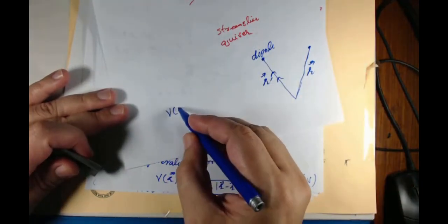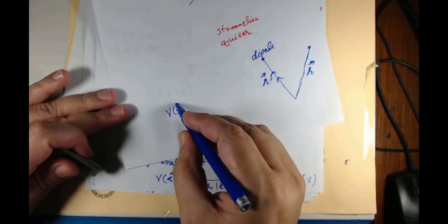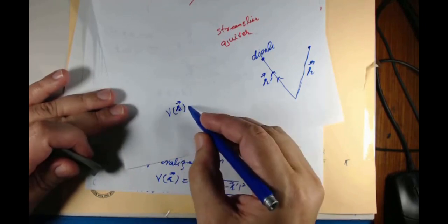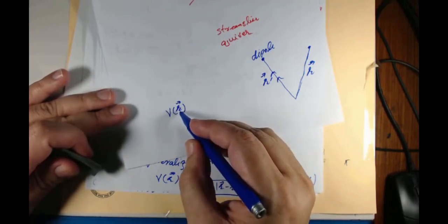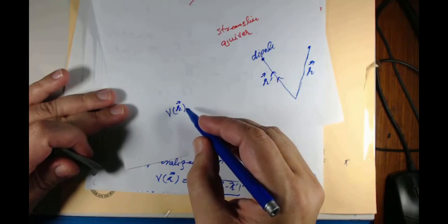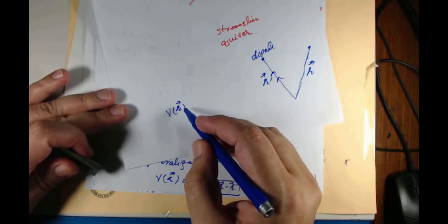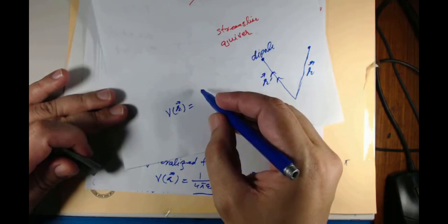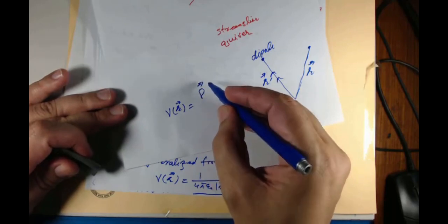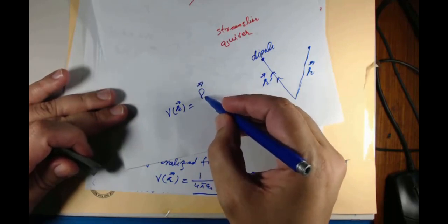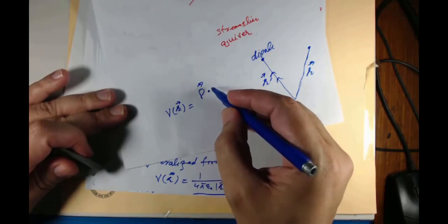So then V as a function of R, the position vector, where this represents the radial distance in a spherical coordinate system, is equal to P. P may be in rectangular coordinate system, cylindrical coordinate system, or spherical coordinate system.